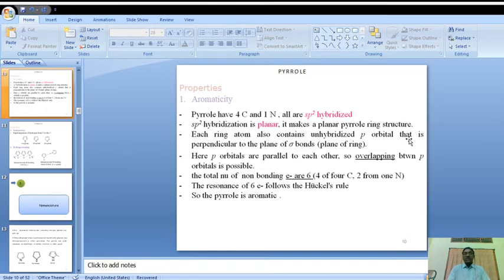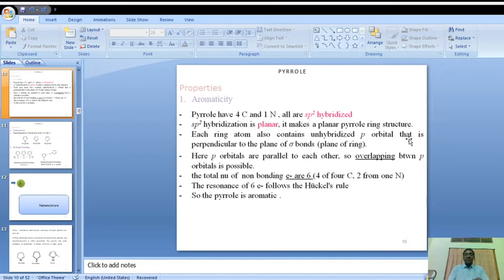Now, here the unhybridized p orbitals are parallel to each other, so overlapping between p orbitals is possible.